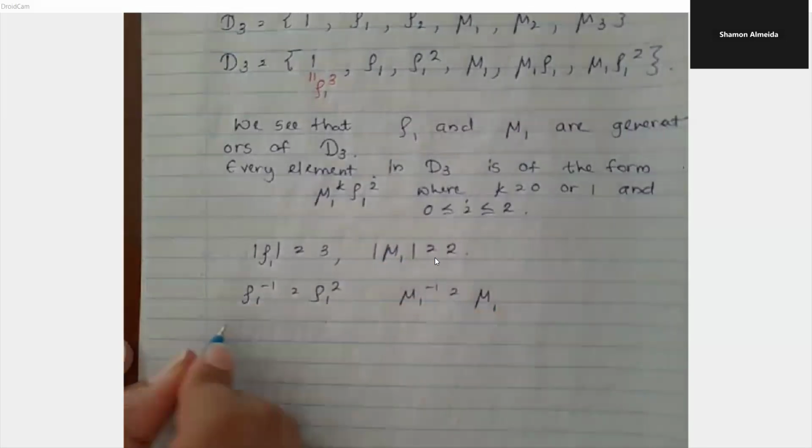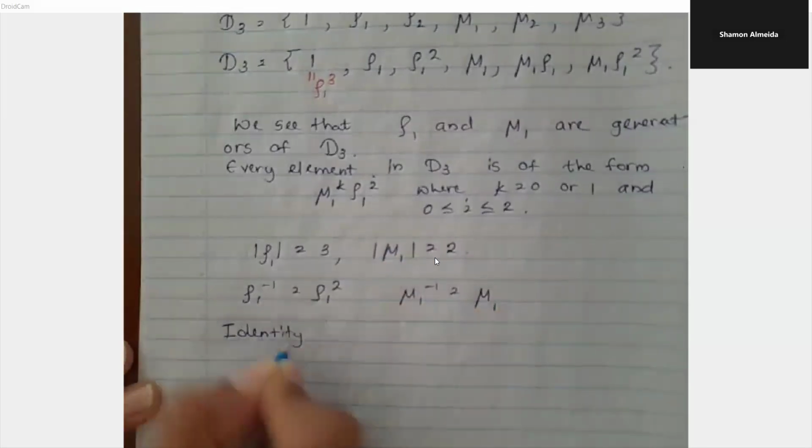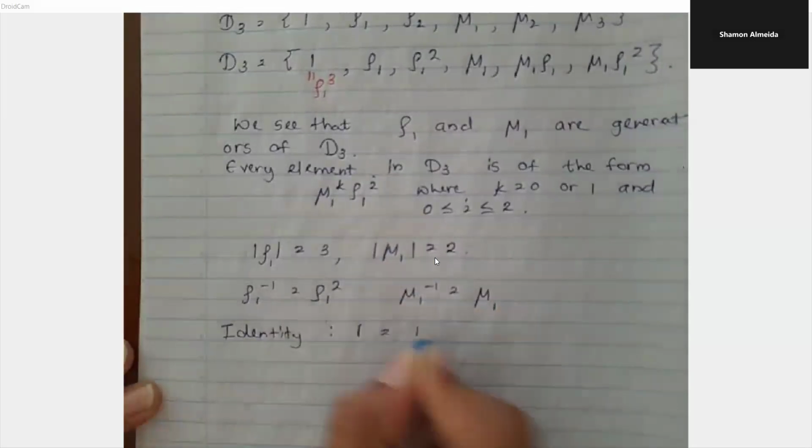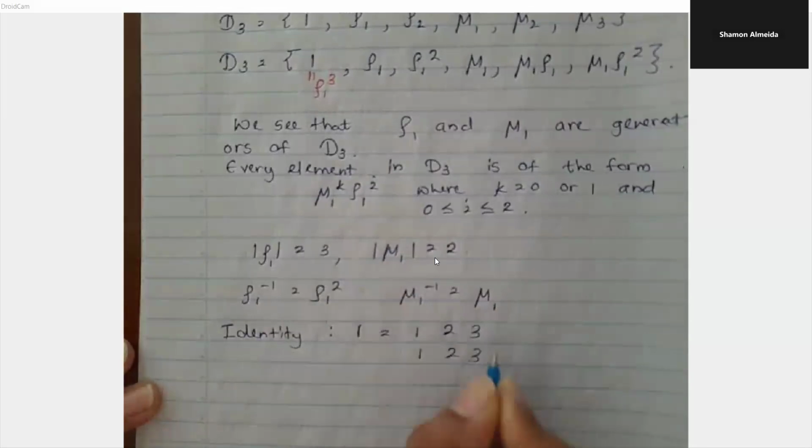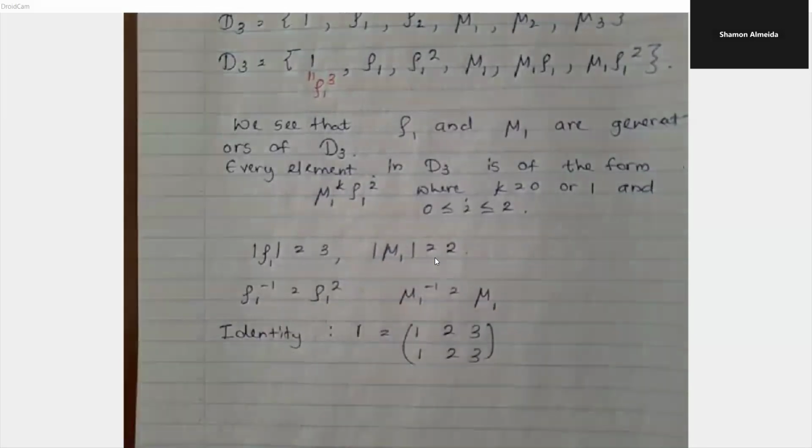The identity of this group is 1, which is the identity function, the identity permutation, right? We have seen that if you remember S3. In there we saw the identity permutation or the identity function being the identity for the group. It's very similar over here because all these elements are permutations of these vertices, which are labeled 1, 2, 3. So you think of it as a function from 1, 2, 3 to 1, 2, 3. It's a permutation, right? And the binary operation over this group is function composition.